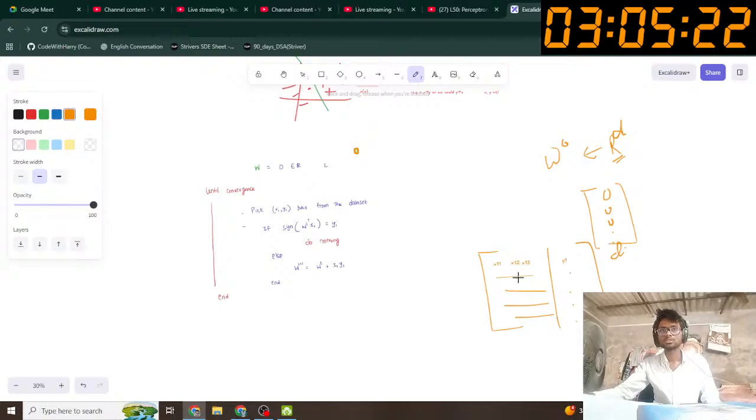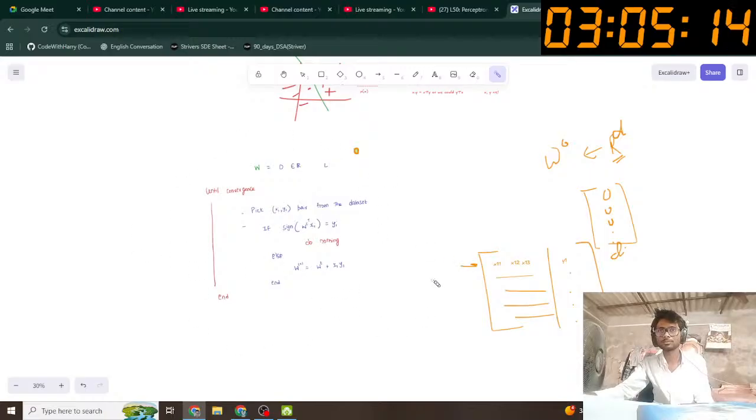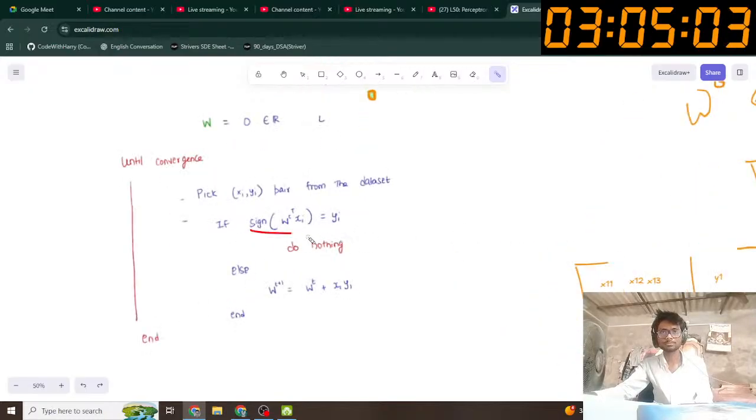So what this algorithm is trying to say is that we will pick a point. Then we will calculate this expression. You recall what this expression is? This is nothing but h of xi, which we have discussed.